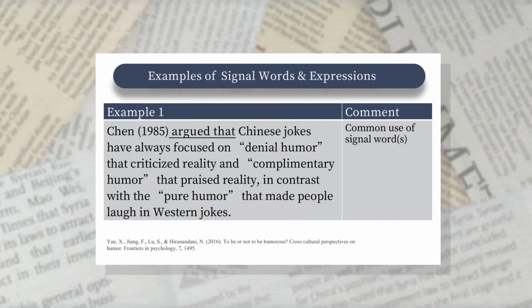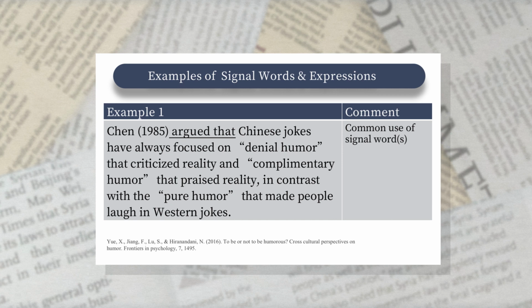Okay, let's give an example. Chen argued that the Chinese jokes have always focused on denial humor that criticized reality and complimentary humor that praised reality, in contrast with the pure humor that made people laugh in Western jokes.